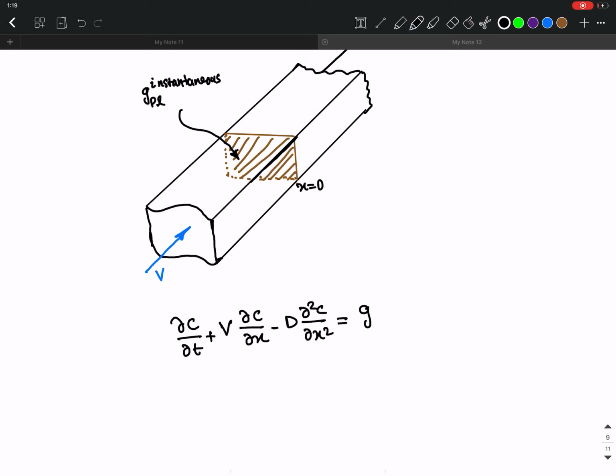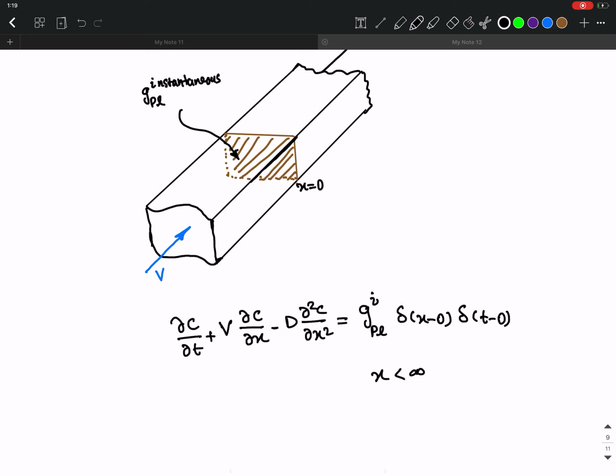We just add a source term, which is G_PL_I, the amount of that release, and then I multiply it by delta. This is the delta function, if you don't know. Delta at x minus 0 means at x equals 0, and delta at t minus 0 means at time 0. So this is released at x equals 0 and time 0.